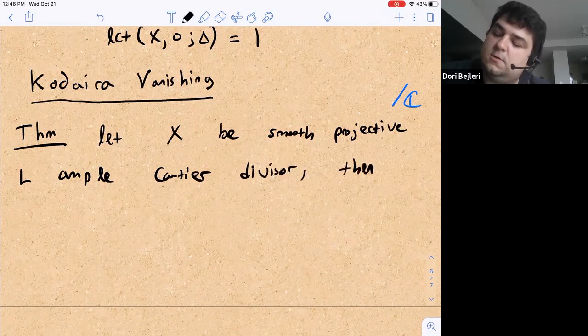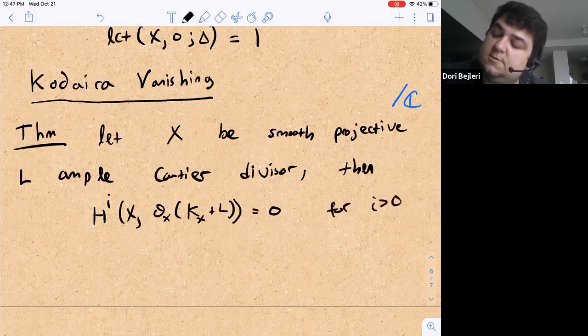Then the cohomology H^i of X with coefficients in K_X plus L is 0 for all i greater than 0.